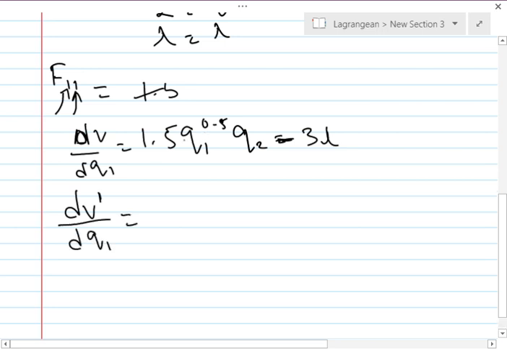So when we derive this again, we're going to be getting 0.5 times 1.5 gives us 0.75 Q1, then 0.5 minus 1 gives us minus 0.5. Then we have Q2, this is out because there's no Q1 here, so this is the second order derivative. Have you seen it?